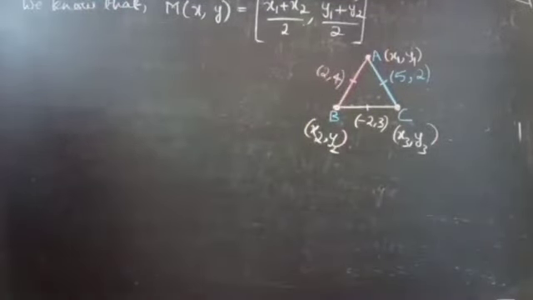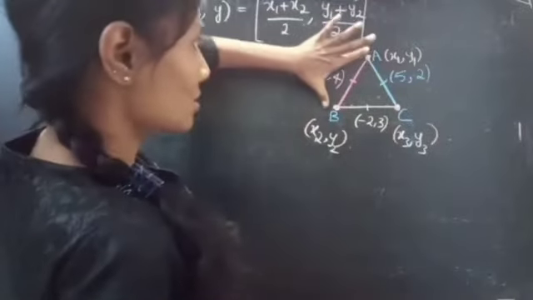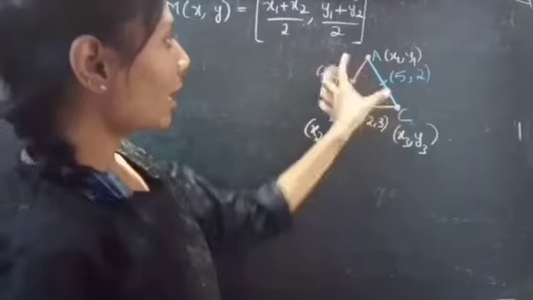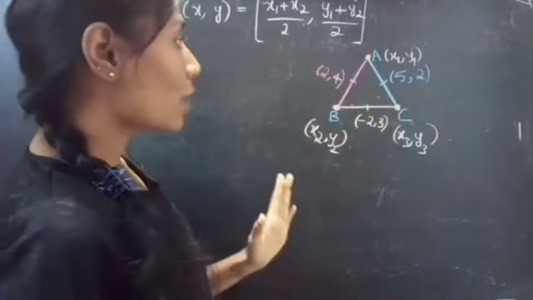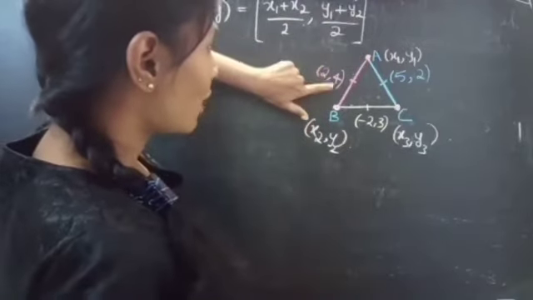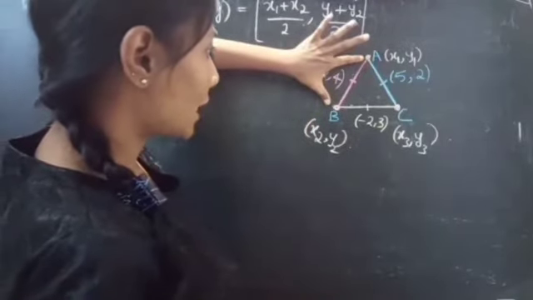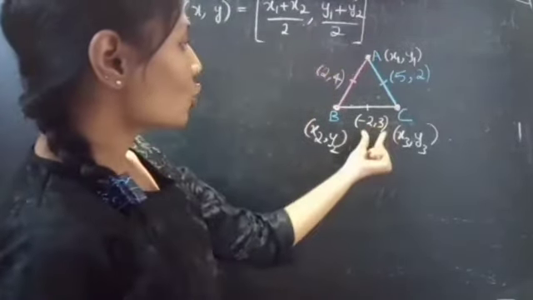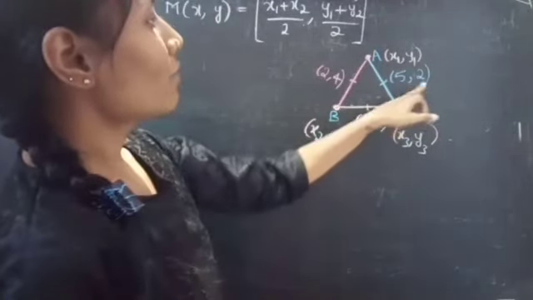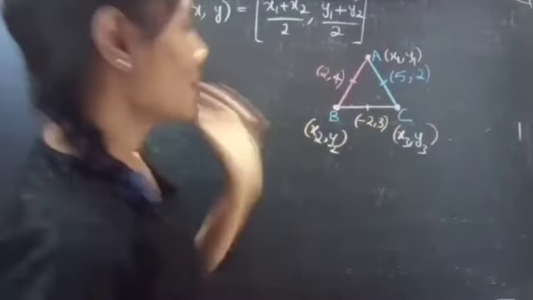Here we have three sides, AB, BC and AC, and we have the midpoints of the sides. So (2, 4) is the midpoint of side AB, (-2, 3) is the midpoint of side BC, and (5, 2) is the midpoint of side AC.